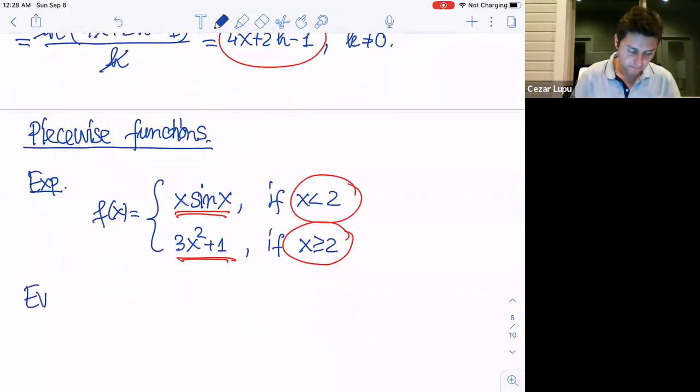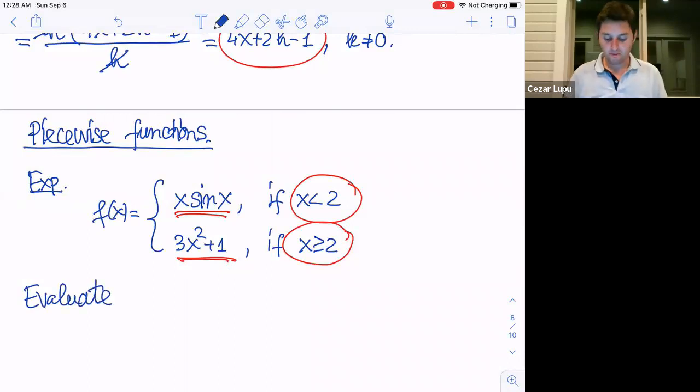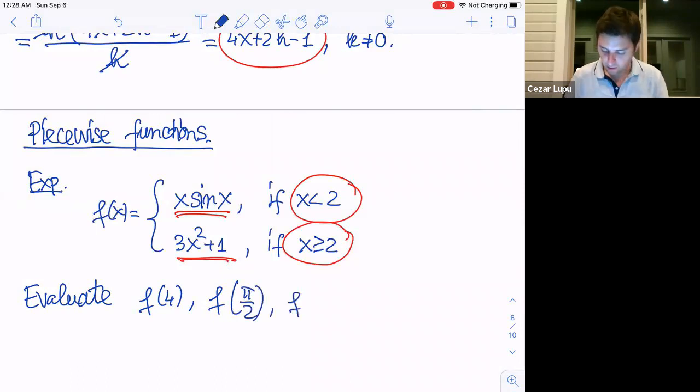Okay, and now a quick question. Evaluate, let's say, f of 4, f of pi over 2, and, no, f of 3, let's say.